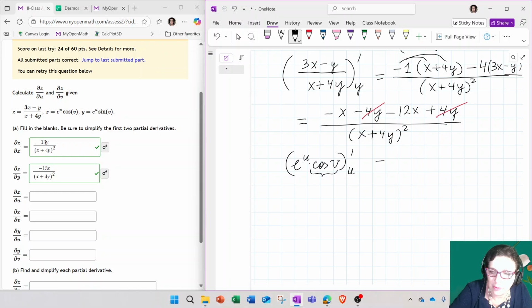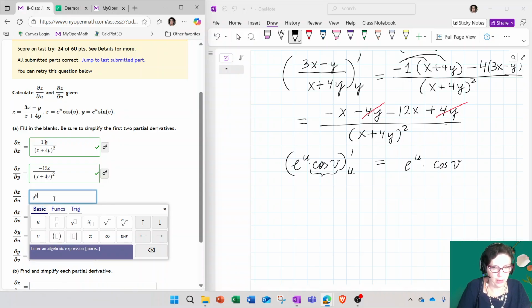The important part is that if you have a product of two things and only one of them has the variable with respect to which you're taking the derivative, the other term is going to stay. It's not going to go away. It's going to be exactly the same, cosine v, because it's a constant multiple. The derivative of e to the power u with respect to u is e to the power u. So that's what I got there. This is going to be the exact same as what it was.